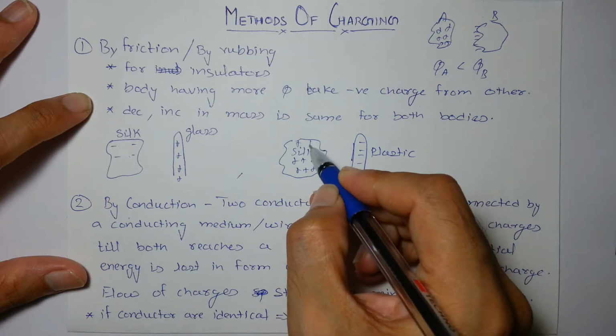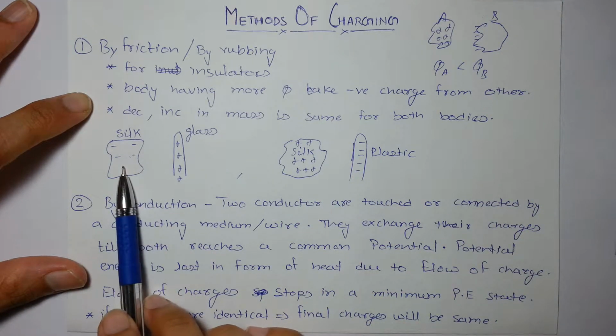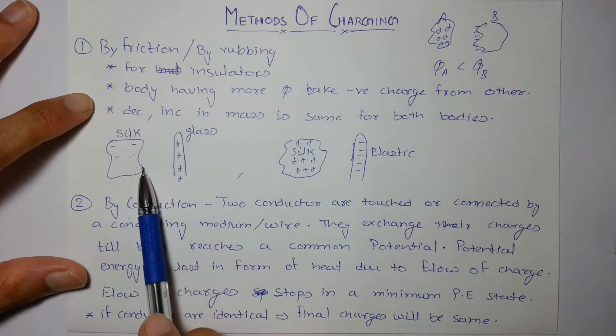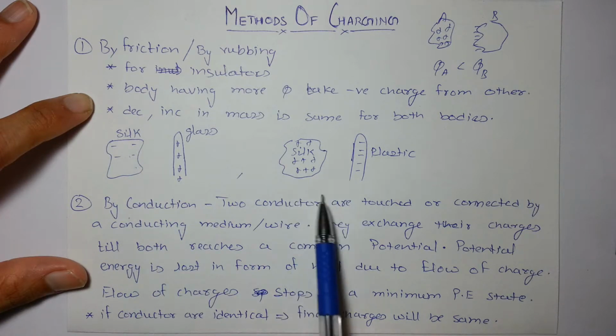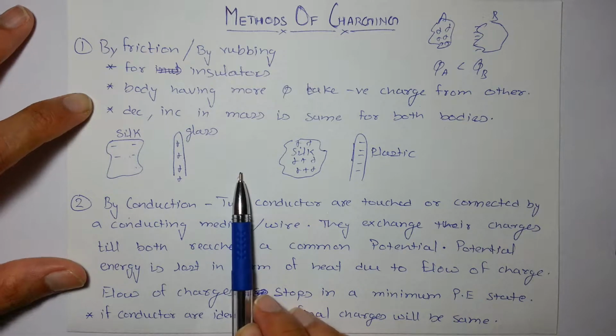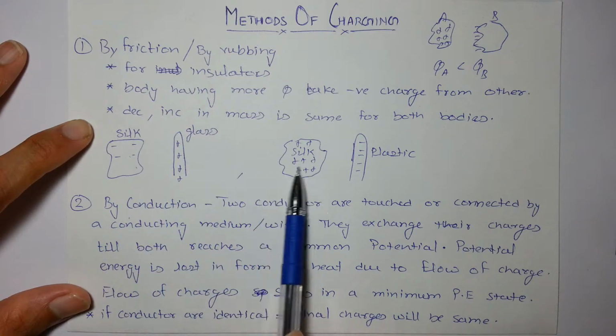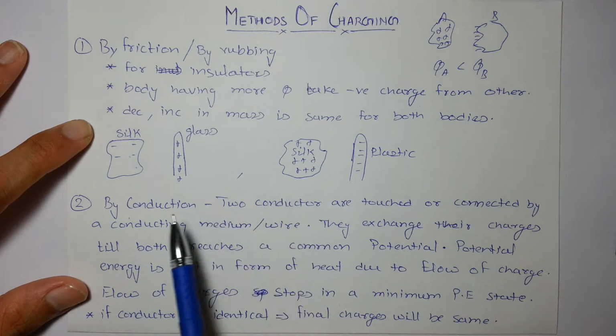So it is not universal that silk will always acquire negative charge. Depending on the other material, we can say which will acquire which charge. If initially they were neutral, both will acquire equal and opposite charges. Obviously you need to rub against each other because they are not conductors.